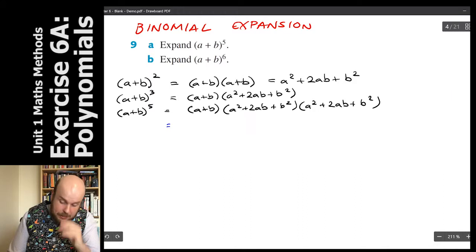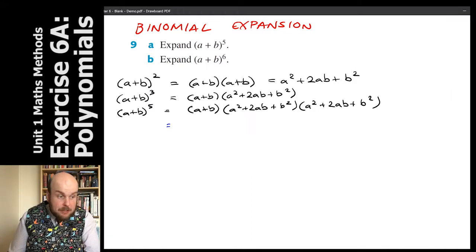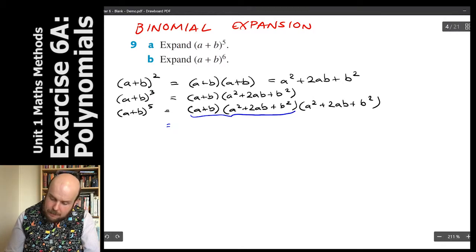So (a + b) to the power of 5. I'm going to expand accordingly, starting by at least getting these expanded. That will probably help me right now.